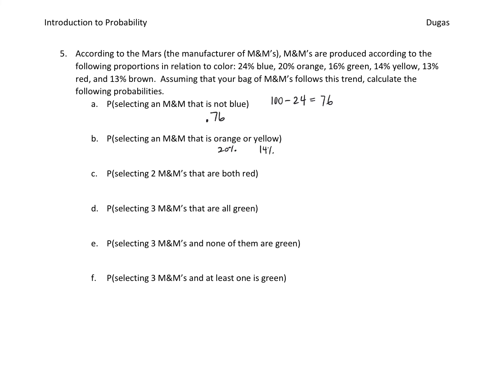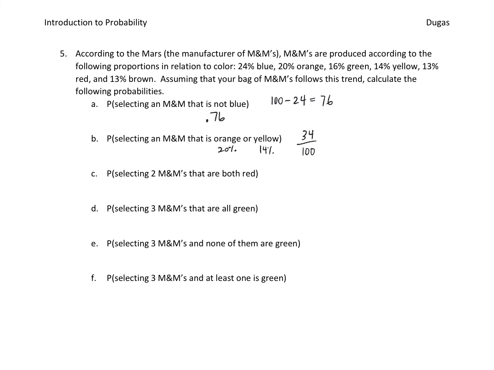So we would have 20 plus 14 is 34 options out of 100. So percentages, you can kind of think of these as numbers out of 100. So that's kind of how I would do it.